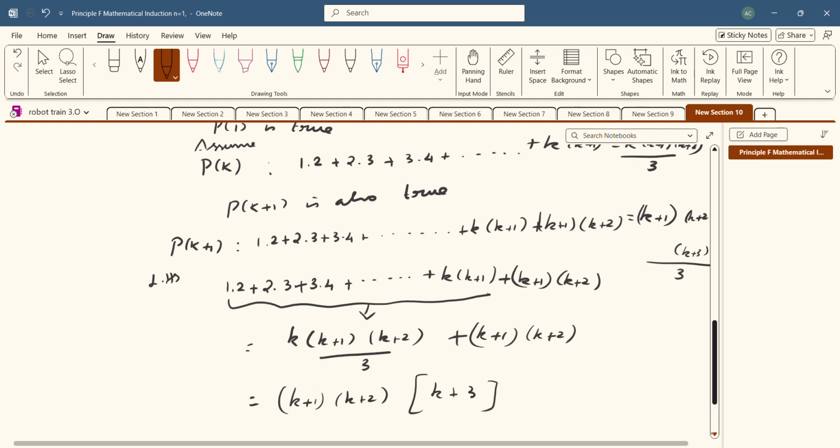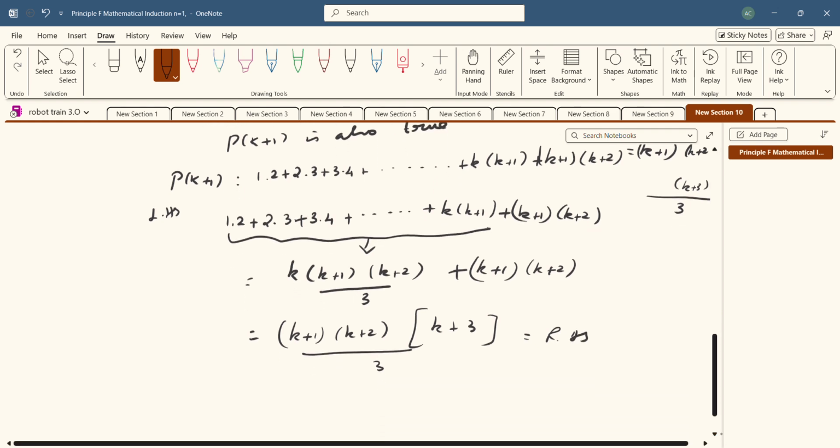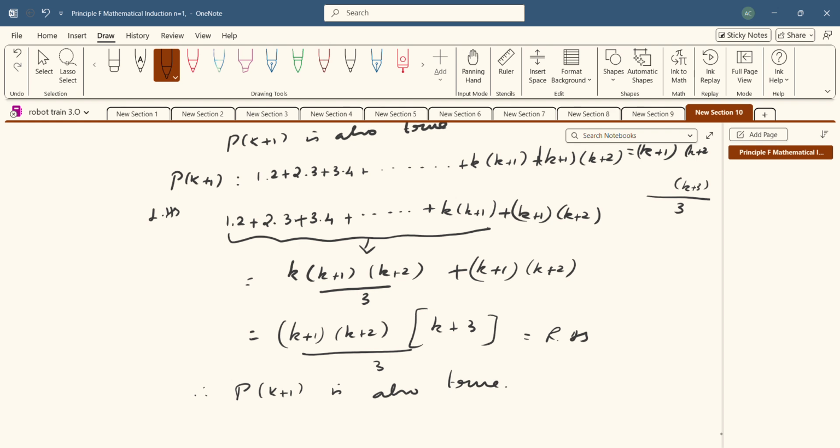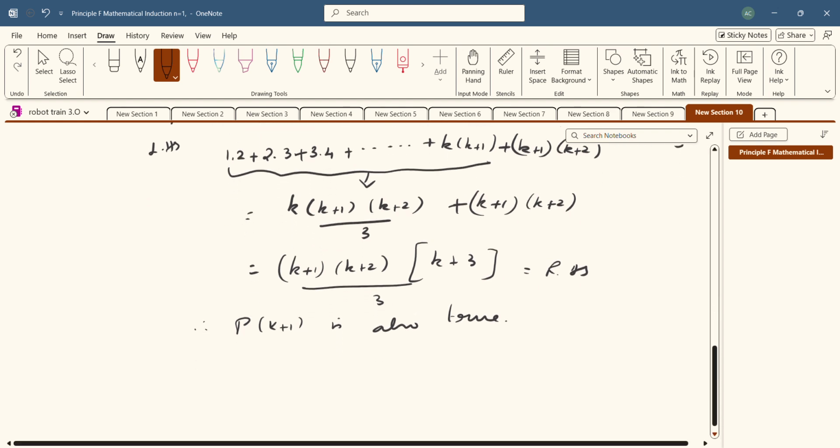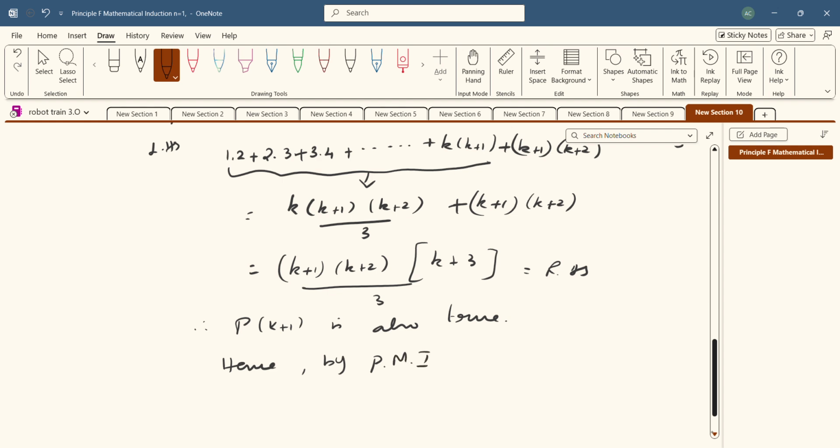Simply we have k plus 3 divided by 3. So we assume the left hand side and prove the right hand side. Therefore, P of k plus 1 is also true. Finally, we write the conclusion: hence, by the principle of mathematical induction, the given statement is true for all n belongs to capital N.